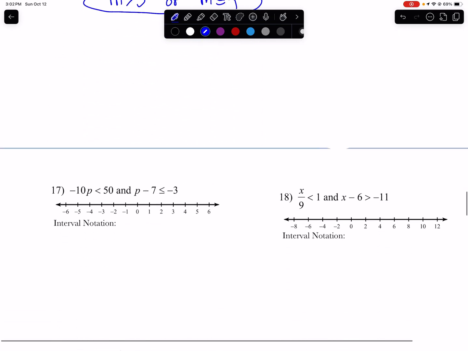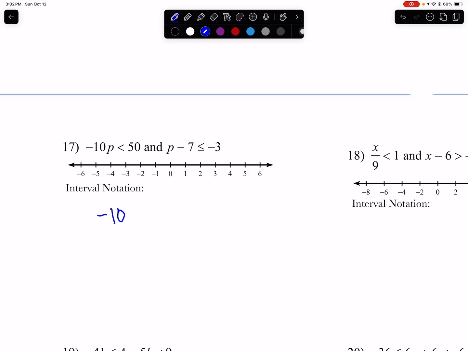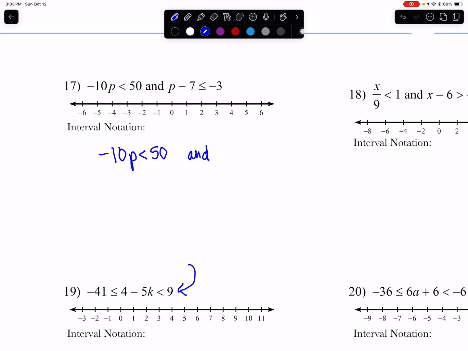Okay. Let's take a look at an and. So ands come in two different forms. It can either just say and, or it can be a combined double inequality like this one. And we like the double inequality a lot. So we're going to try and shoot for that while we're solving this problem.